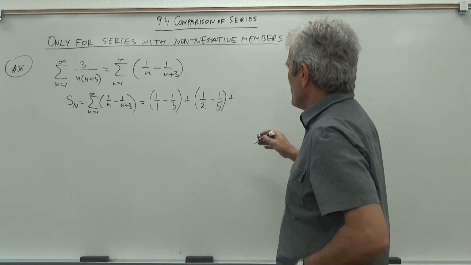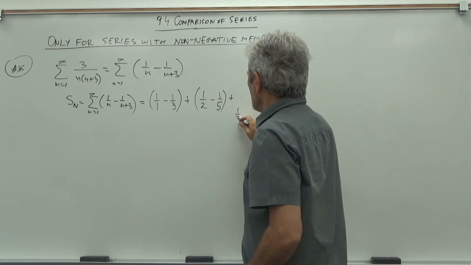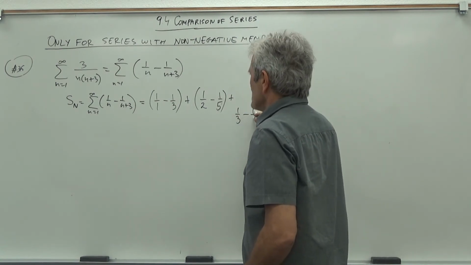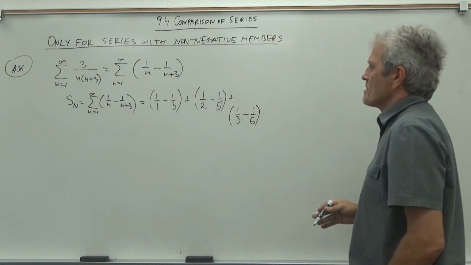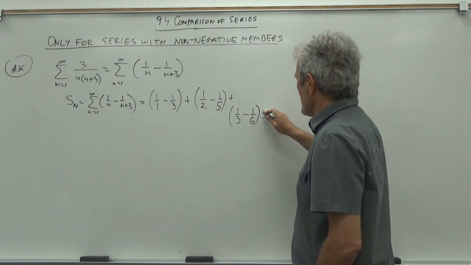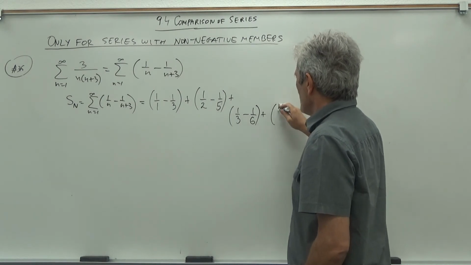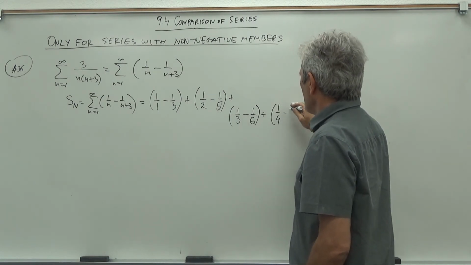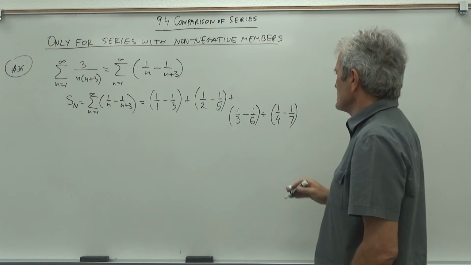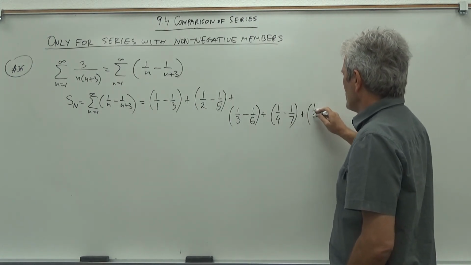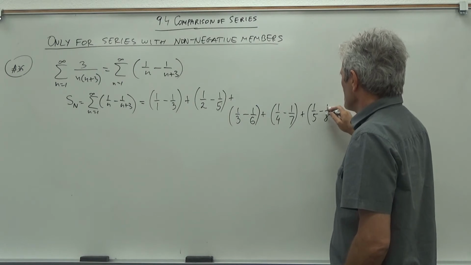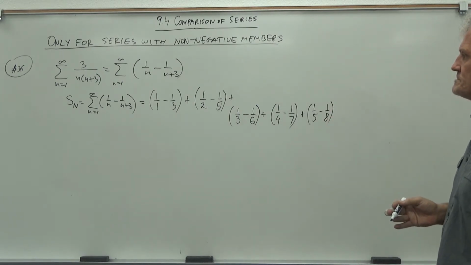So I will go 1 over 3 minus 1 over 6, and plus 1 over 4 minus 1 over 7, plus 1 over 5 minus 1 over 8.